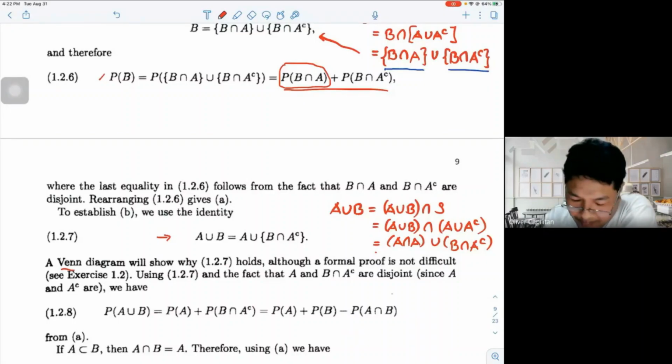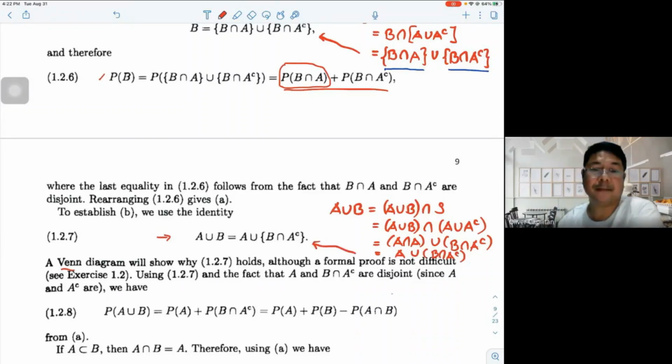And finally, we have A union B intersection A complement. Here we have that.